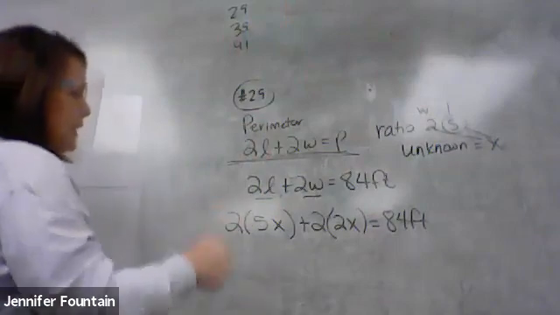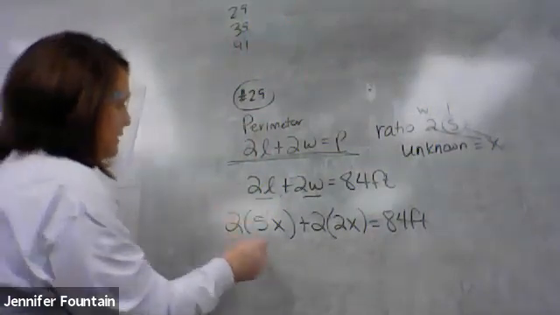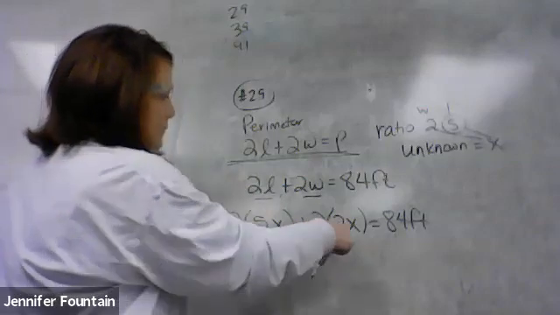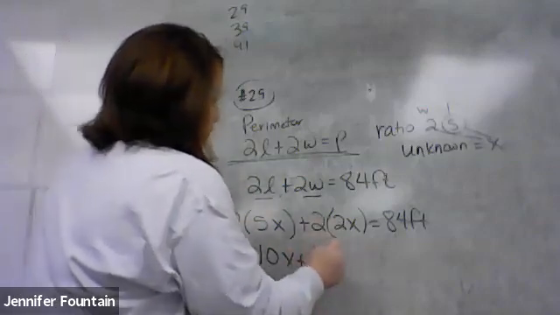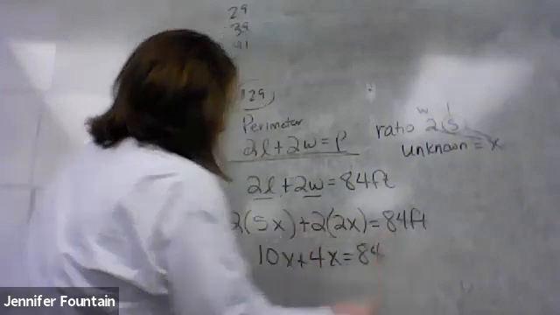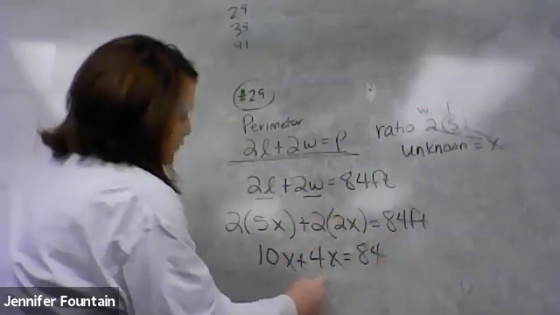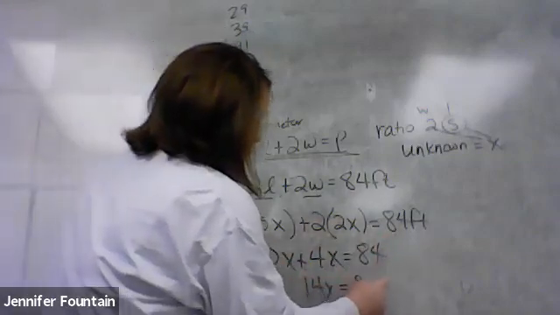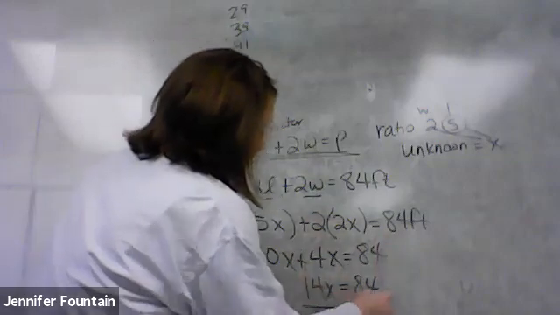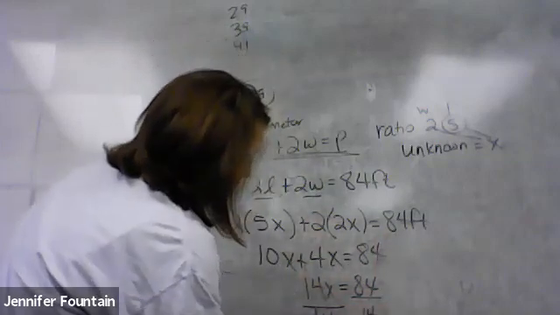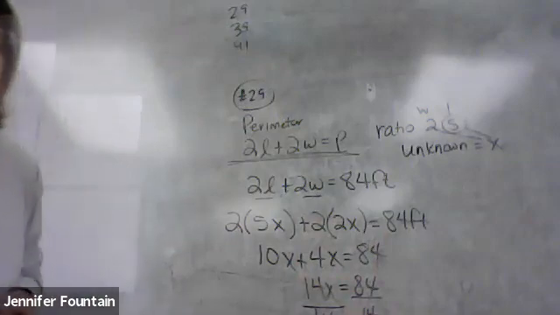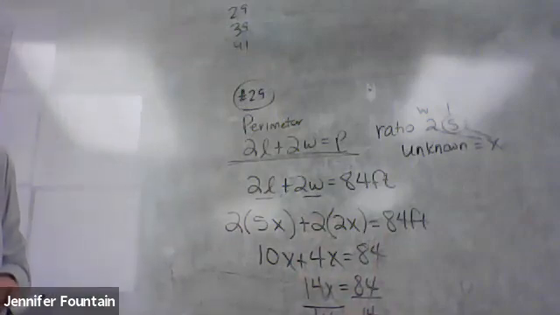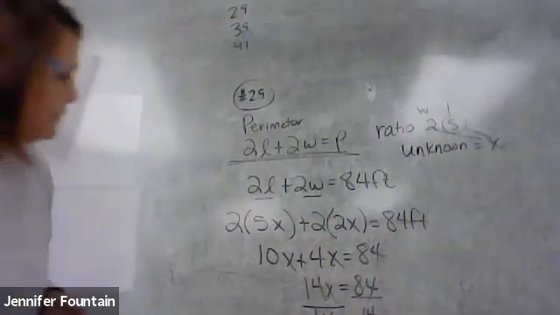So what is 2 times x? 2 times 5x is 10x, and 2 times 2x is 4x, equals 84. 10x plus 4x is 14x, which equals 84. Divide by 14, divide by 14, and x is equal to, how many times will 14 go into 84? 7?